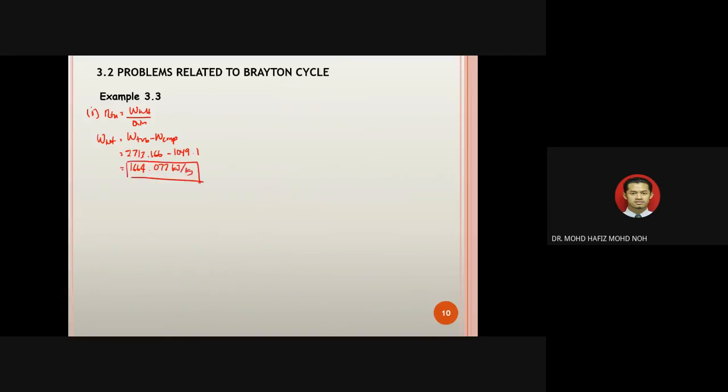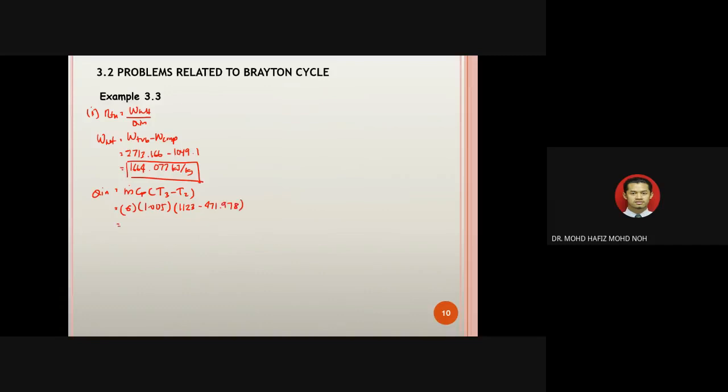And then the value of Q in you have to calculate by m dot Cp (T3 minus T2). The mass flow rate is given as 6, Cp is 1.005, T3 is equal to 1123, and T2 is 471.978.